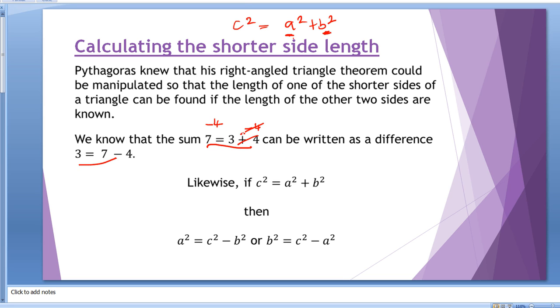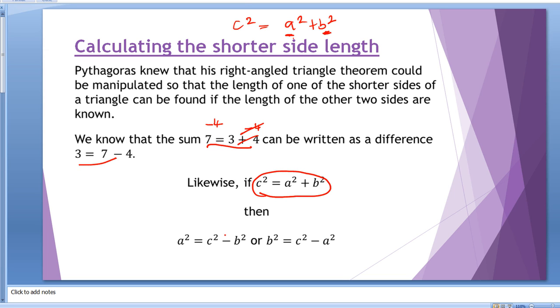Now when I add and subtract 4, that cancels out, and 7 take away 4 equals 3, or 3 equals 7 take away 4. So if this is Pythagoras' theorem here, what we can do is subtract b squared from this side and this side, and that's that one there, or we can subtract a squared from this side, which is that one there.